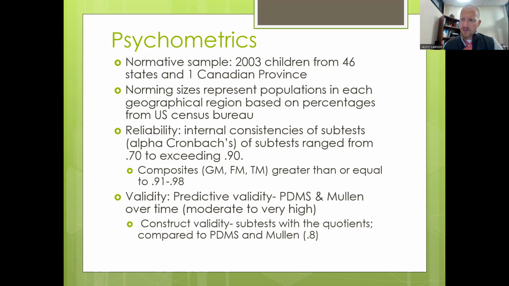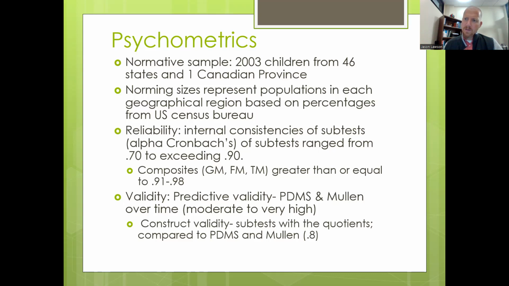It's our due diligence as therapists to understand the psychometric properties. As I've mentioned, the Peabody is considered a gold standard assessment. They took a normative sampling of 2,003 children from 46 different states and one Canadian province. They're trying to represent populations across the United States, and they included a Canadian province as well.